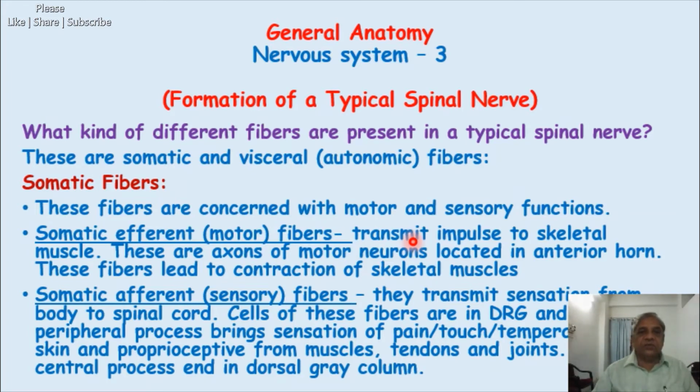Now we come to the second kind of somatic fibers present in a spinal nerve: sensory or afferent fibers, and these transmit sensation.